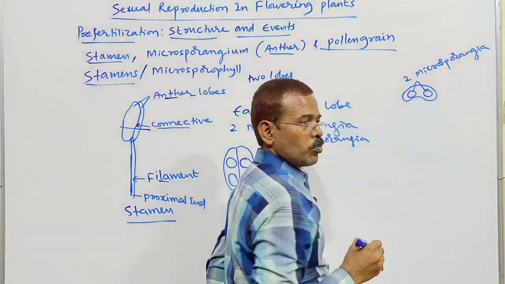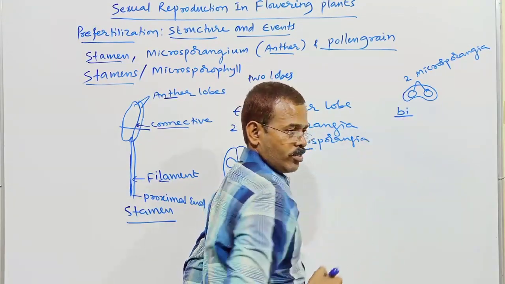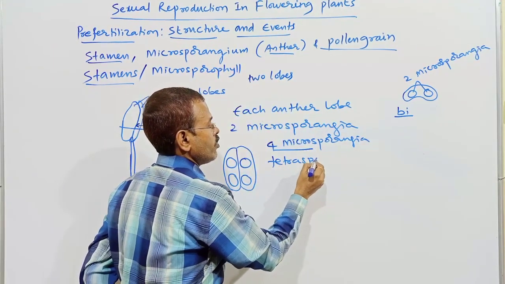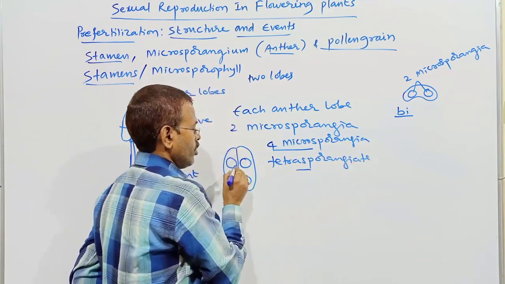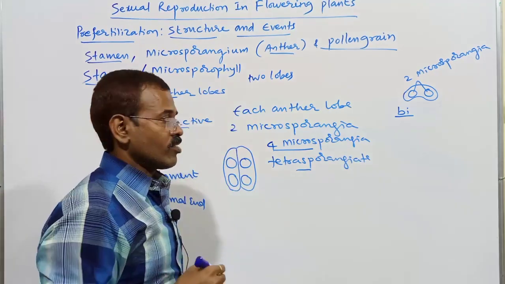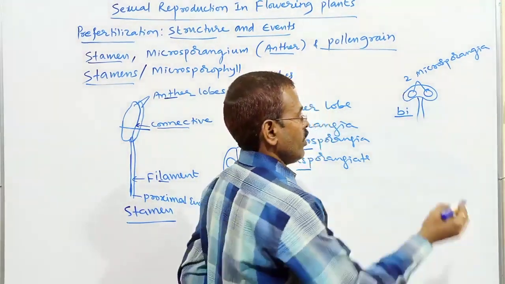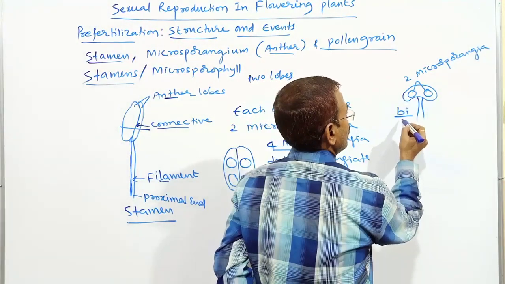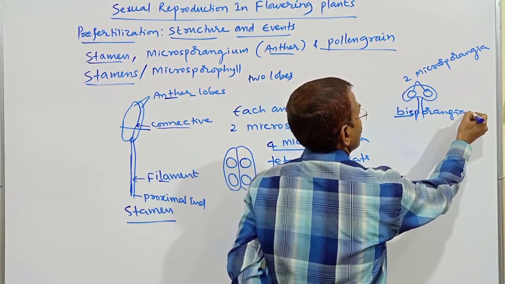So it is bisporangiate. This is a tetrasporangiate structure, and if a monothecous anther is there, as seen in the hibiscus flower, it is a bisporangiate structure.